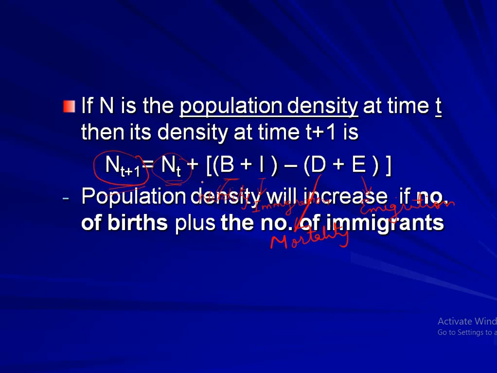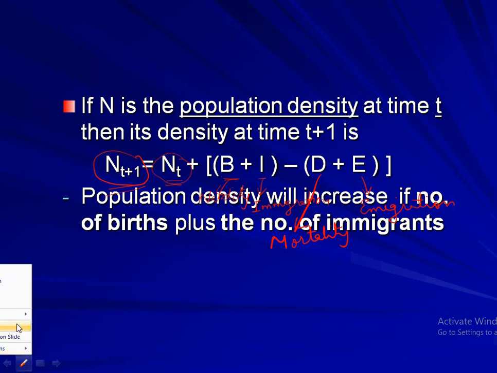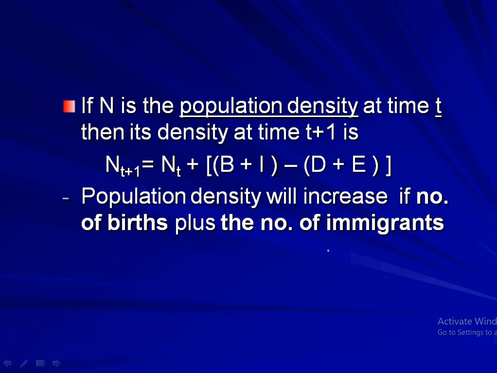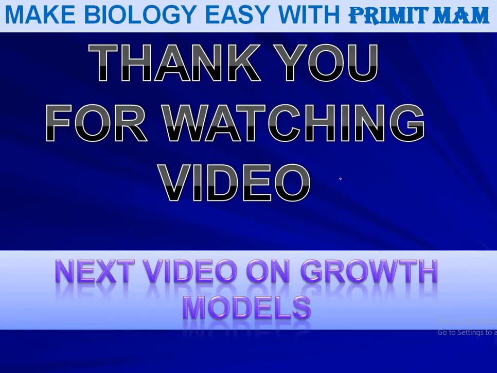Population density will increase, and this is the new aspect, if the number of births plus the number of immigrants, B plus I, is more than the number of deaths plus the number of emigrants, that is D plus E. So the population density will be more if B plus I is more than D plus E. With this we have completed population growth.